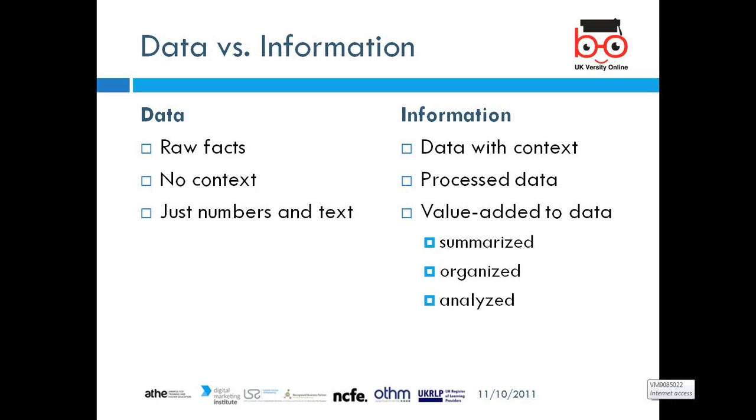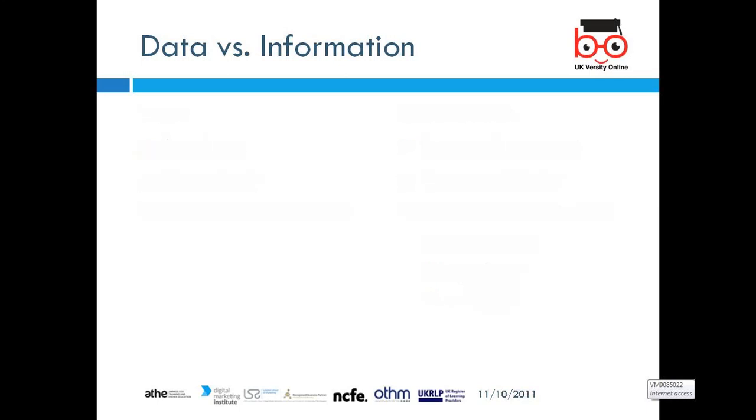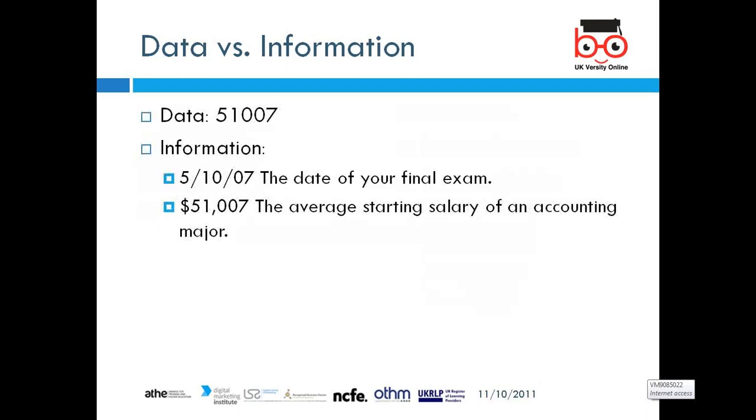Yes, data is a raw fact. If I write 10, 15, 20, that's data. Data with the context, or processed data, becomes information. Yes, value is added to the data, we can summarize, we can organize, and we can analyze. Like this is the date of your final exam.